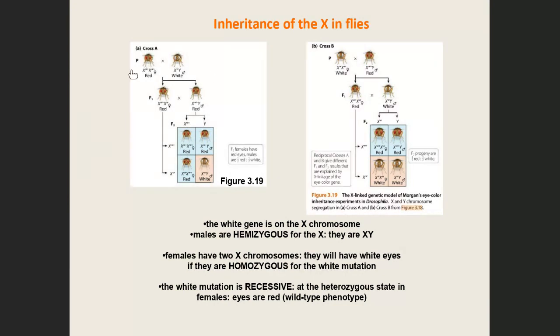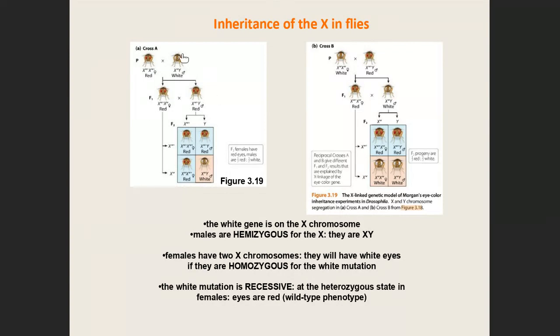So here's the first cross where we have the males with the white eyes, and the gametes that are produced to do the Punnett square are the Y chromosome, of course, which doesn't have the gene, and an X. Sorry, I apologize. I meant to say, first of all, you need an F1.